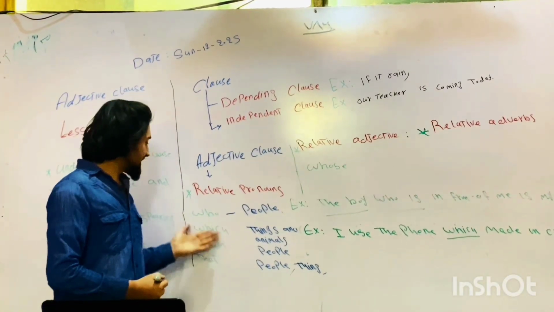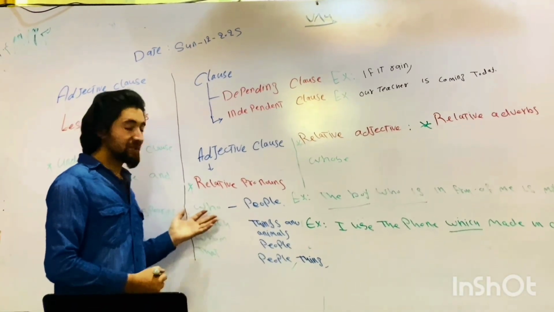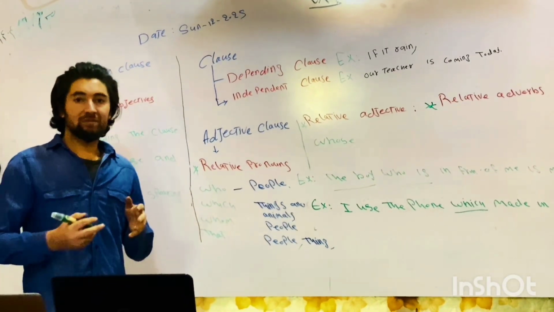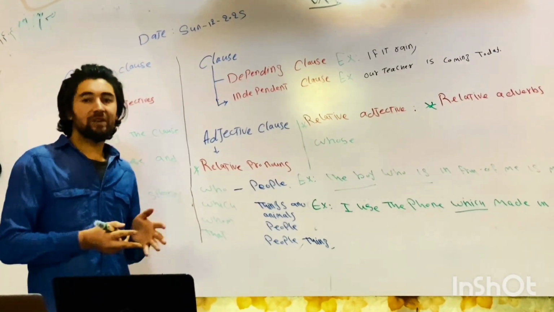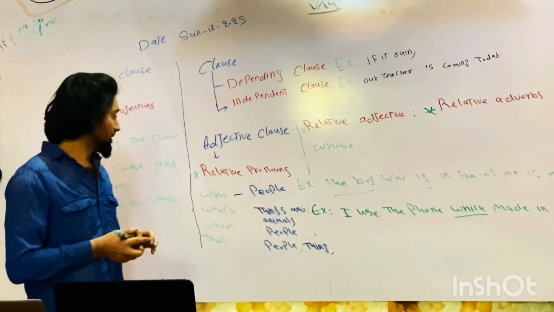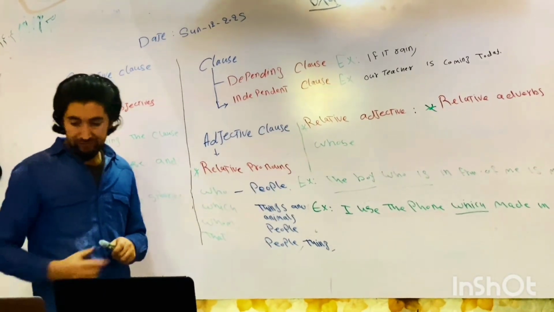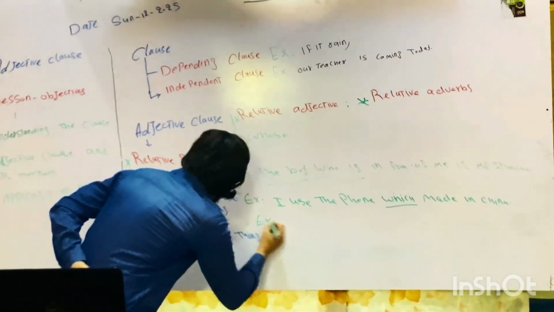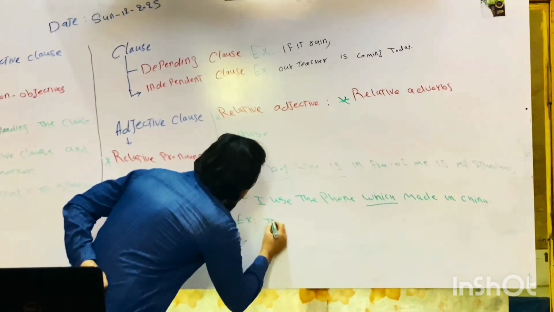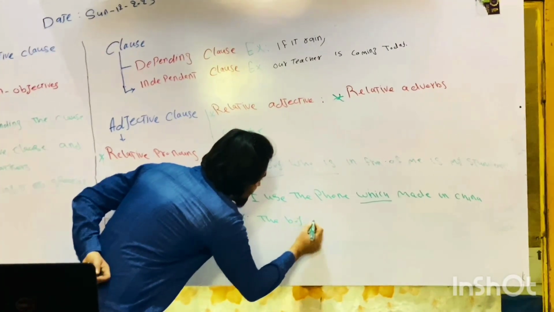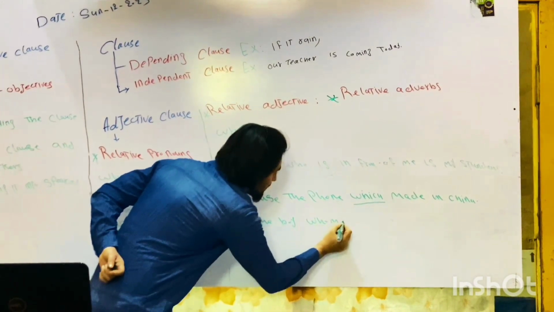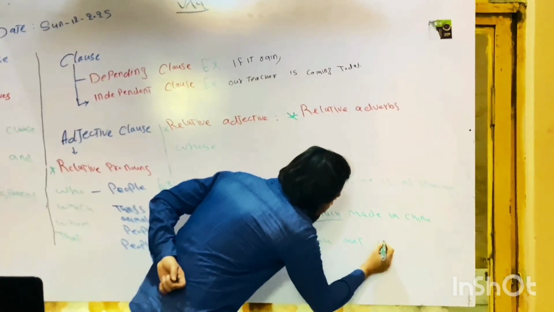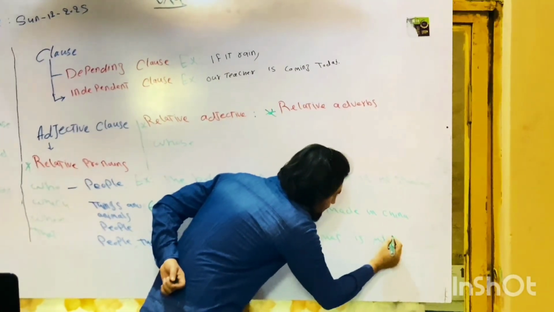Whom. What's the difference between who and whom? Who comes as the subject of the verb, but whom comes as the object of the verb or object of the preposition. For example, I provide an example for whom: the boy whom you meet is my brother.